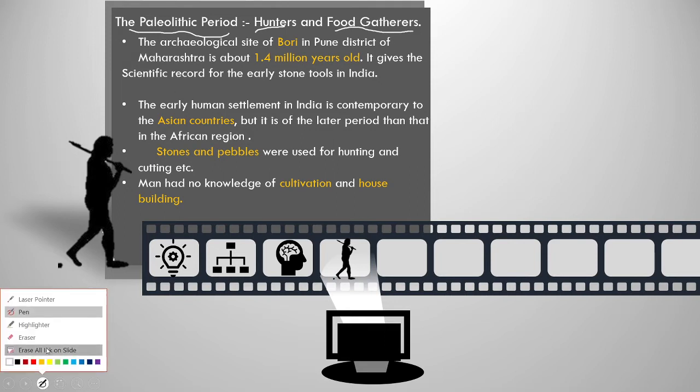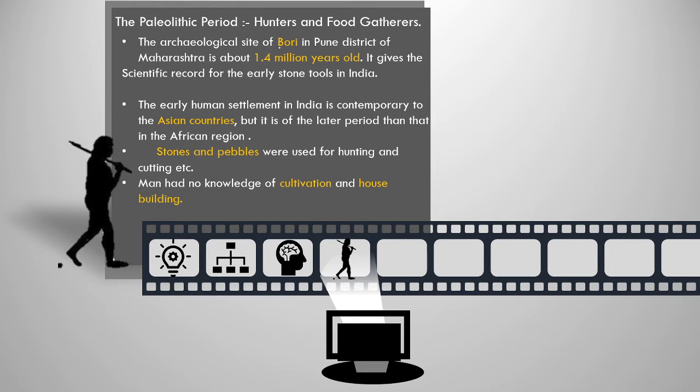Now let's read some more about them. The archaeological site of Bori in Pune district of Maharashtra is about 1.4 million years old. My god. So there is an archaeological site of Bori in Pune district of Maharashtra, which is about 1.4 million years old. Okay? And it gives us a scientific record.